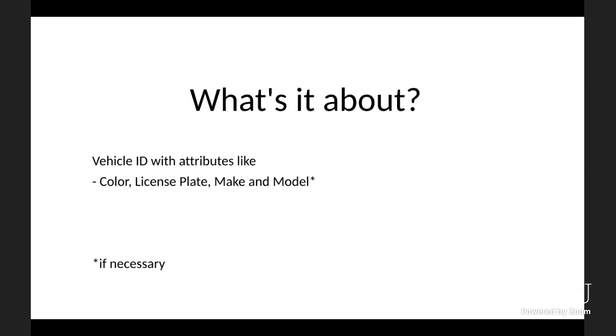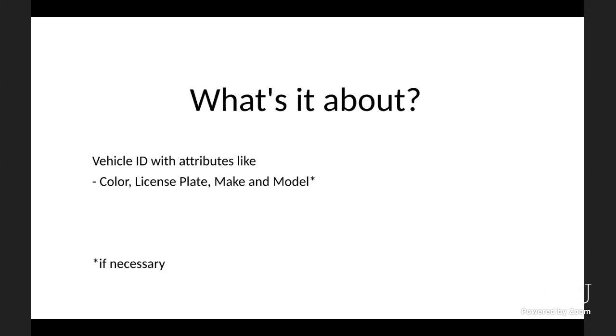The model part, I'm not very sure about as of now because it's a little tricky and we need a good data set with labeled data, which I haven't found to date. So the model part, we'll leave for later. If possible, we'll do it. But otherwise, our plan is to do vehicle identification with its color, license plate, and make.